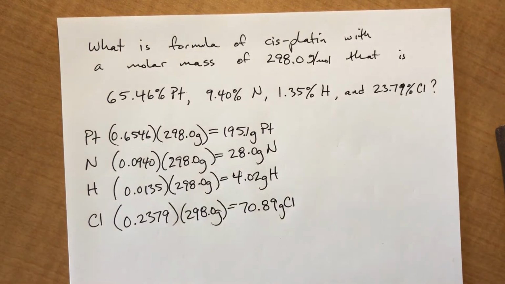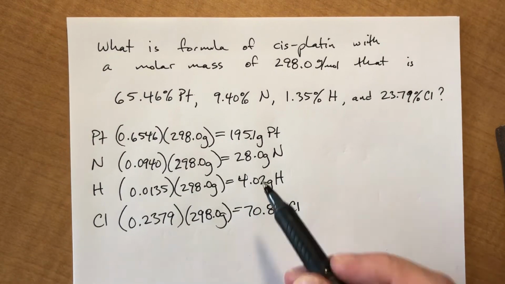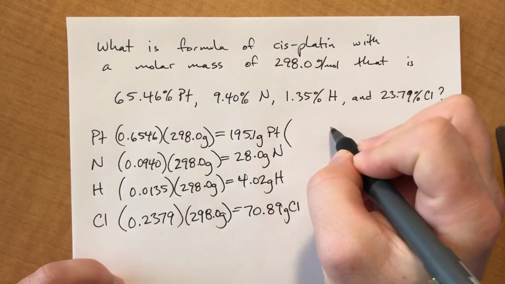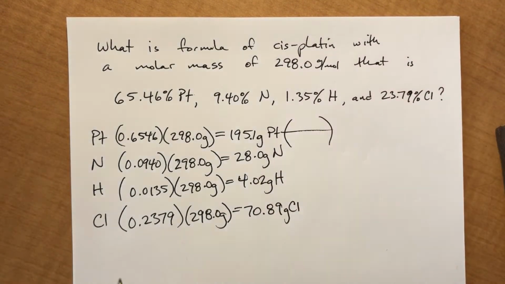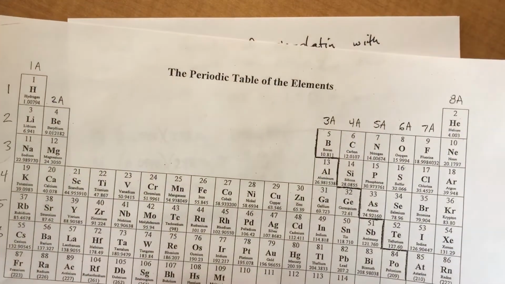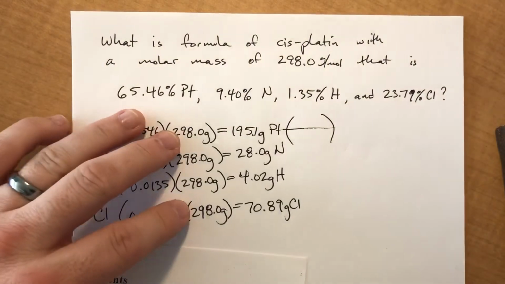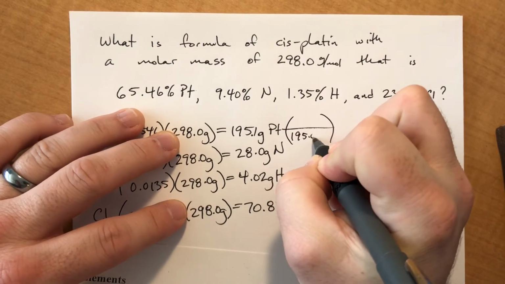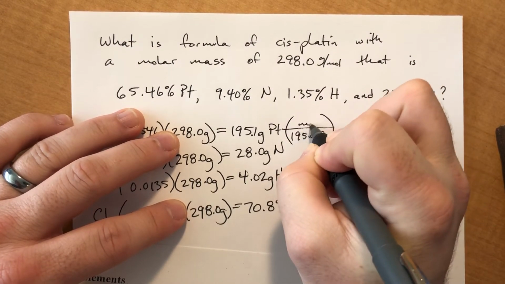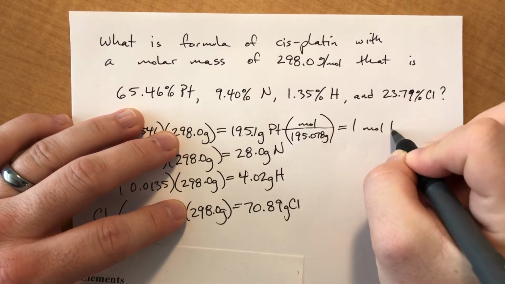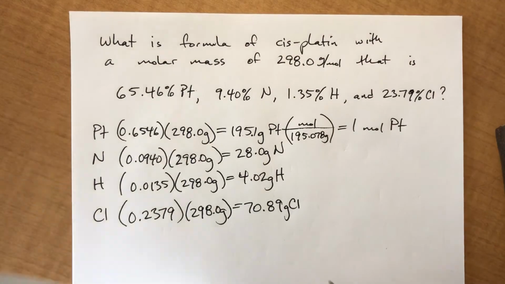Okay, so tedious and time consuming, and I apologize, but this is step 1. Step 2 is to convert each of these from grams to moles. So we look them up on the periodic table. Platinum is 195.078. 195 divided by 195 is 1. Okay.